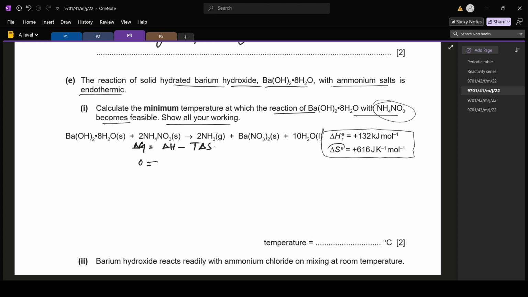The enthalpy change of this reaction is given to you, which is 132, minus the temperature times the change in entropy, but you have to divide the entropy by 1000 because this is in joules and this is in kilojoules. So to convert it into kilojoules, you have to divide it by 1000.